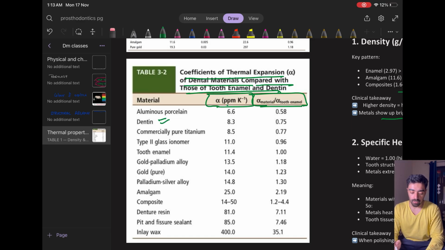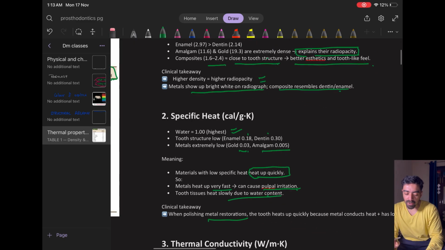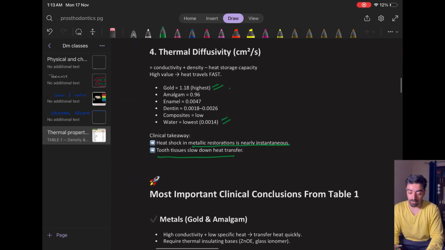Dentine is there, and then aluminous porcelain, commercial pure titanium, all these, and then tooth enamel is there. Rest of the things are basically your direct restorative materials, mostly. Inlay wax is an exception. Most of them are direct. This is indirect. Let us dive deeper into this table.